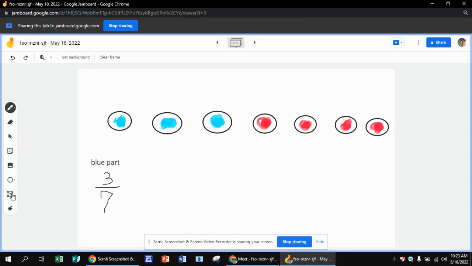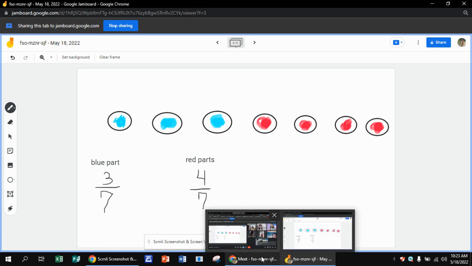Okay, so if we have the blue part, then let's say what is the red part? The red part is four. Four over what? Four over seven. Very good. That is 4 over 7.